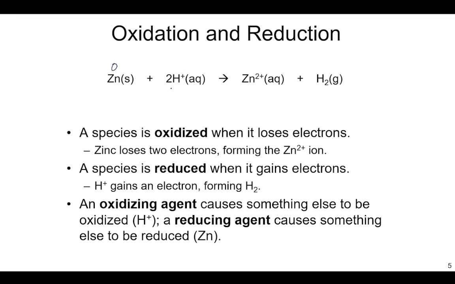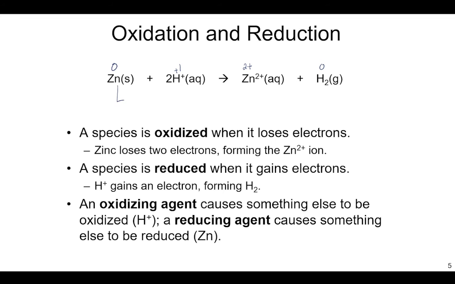I'm not worried about the coefficients in front in determining what an oxidation number is. We will worry about these when we're balancing these types of reactions. To assign the oxidation number, it's just +1 here for hydrogen. Zinc on the right becomes an ion of 2+, so that oxidation number is now 2+. And hydrogen, H2, elemental hydrogen, is 0.